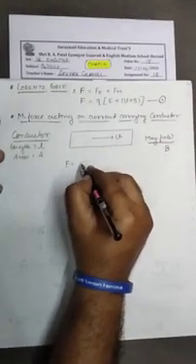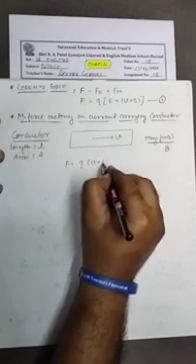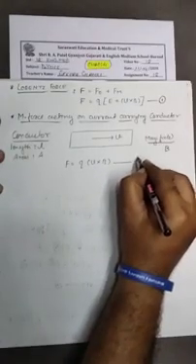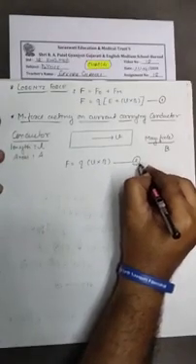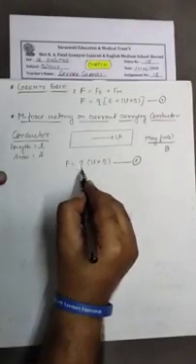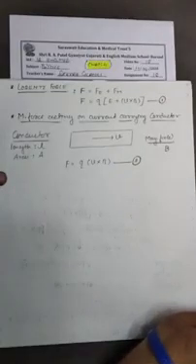So the magnetic force is given by F is equal to Q V cross B. This is equation number 2, the equation of magnetic force, and that magnetic force is due to a single charge only. But inside the conductor, how many charges are there?